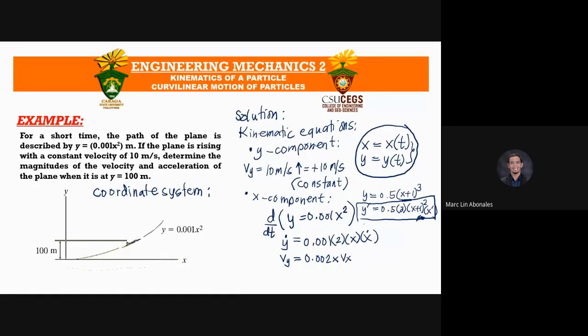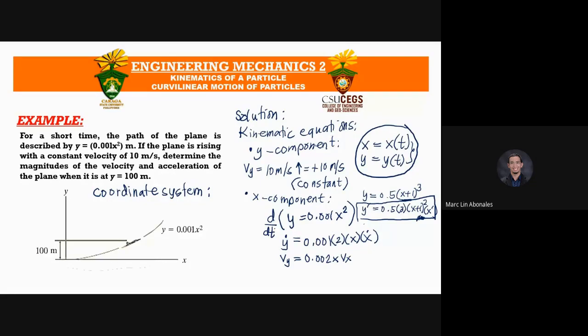But so much for that. Actually, we use the chain rule here to differentiate the given expression or function y is equal to 0.001 x squared. When we differentiate, it will be with respect to time, that is d over dt.